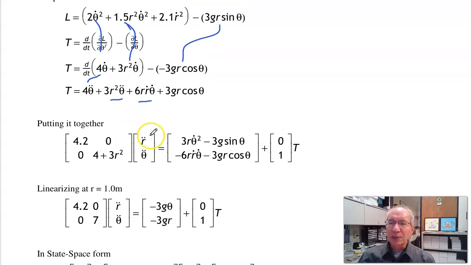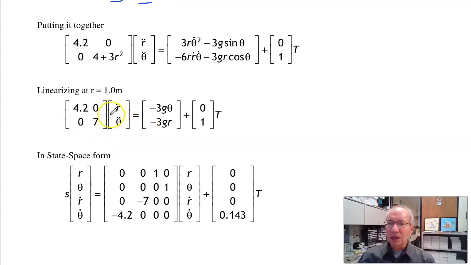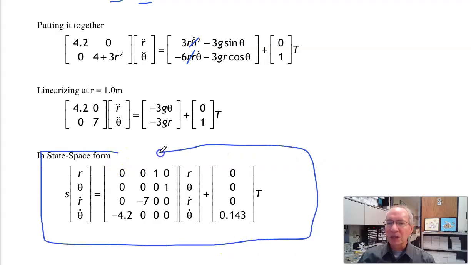So taking those dynamics, here's the first equation, here's the second equation, there's the mass matrix. Linearizing about 1 meter gives you, these go away, that goes away, this is theta, that's theta. Inverting, put in state space form, here's your dynamics. And again, we'll be using that throughout the semester.